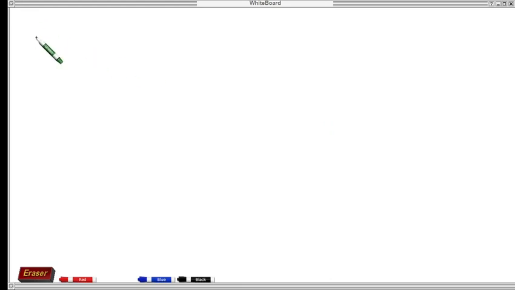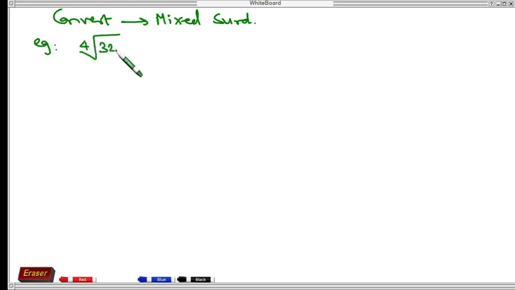Next, convert into mixed surd. For example, the fourth root of 32x to the power 5. So it has one coefficient, so we have to convert. Okay, solution.